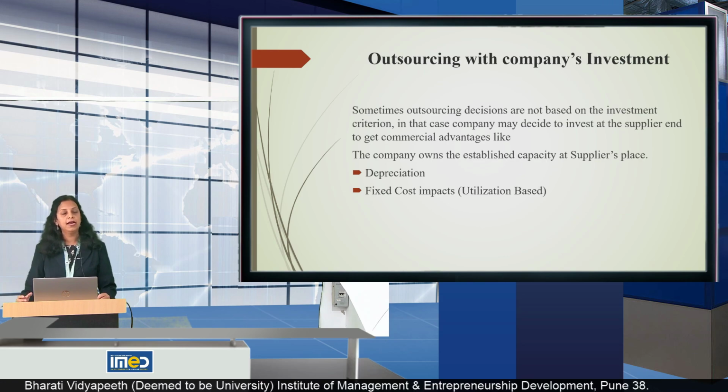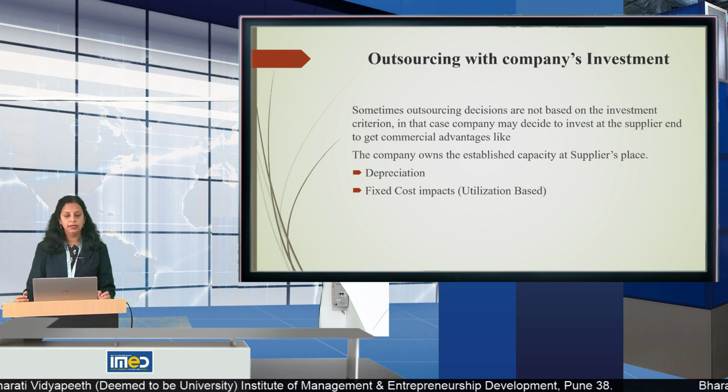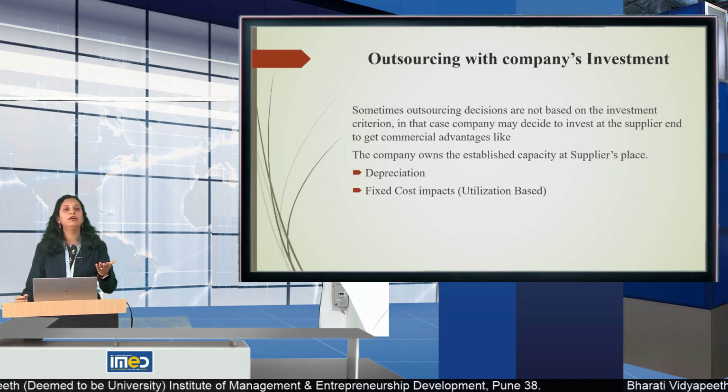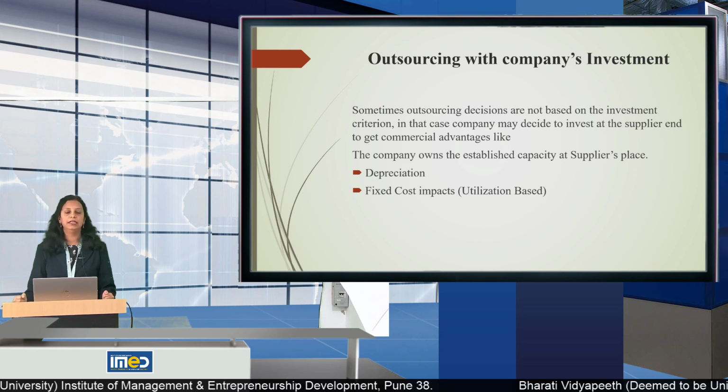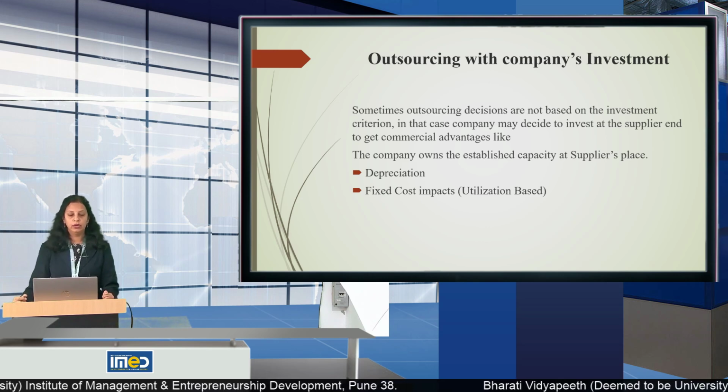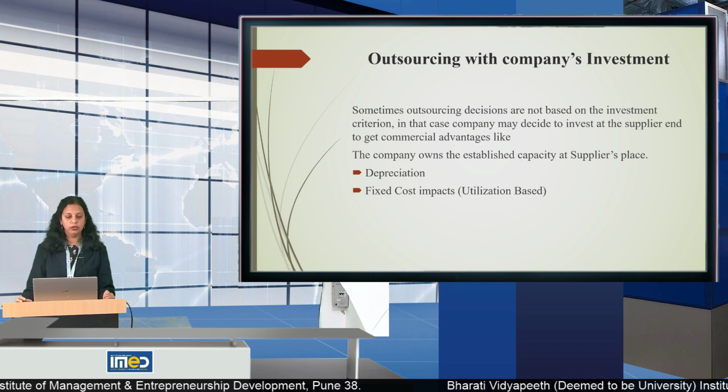Now there are some situations where the company goes for outsourcing, but the company invests in the supplier's place. These situations also happen in practical industry. So outsourcing decisions are not based only on the investment criteria. In that case, the company may decide to invest at the supplier end and get the commercial advantage.